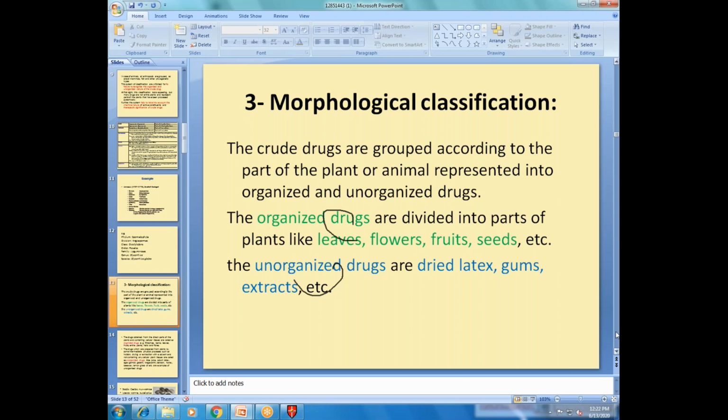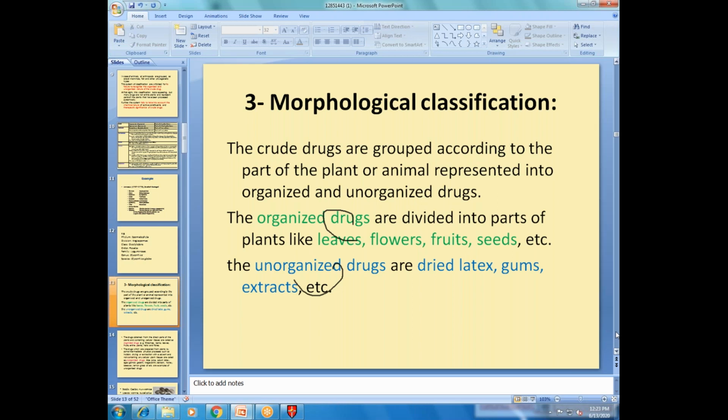Coming to the morphological classification, the crude drugs are grouped according to the part of a plant or animal represented, into organized and unorganized. That is the easiest classification we have, the morphological classification. It is based on which part of a plant you are using. Like mango, it is a fruit.